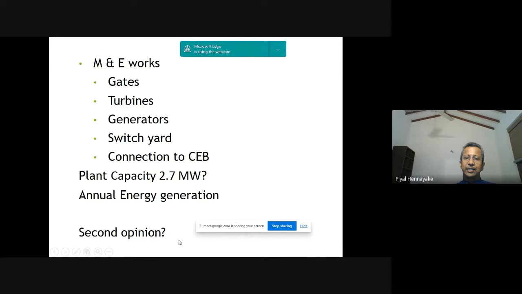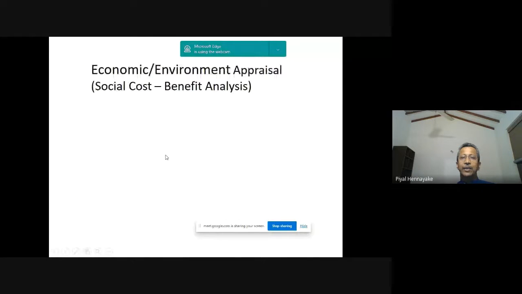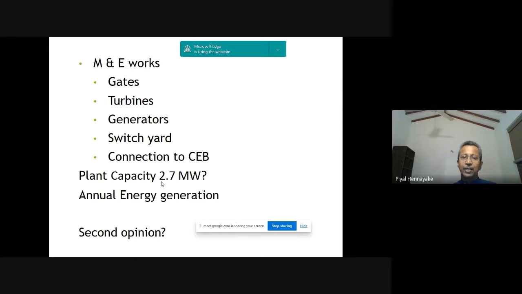We wanted a second opinion because this was our first project and the promoters were not very strong as well. And we got it from CECB, and got CECB also involved in the project as one of the shareholders.